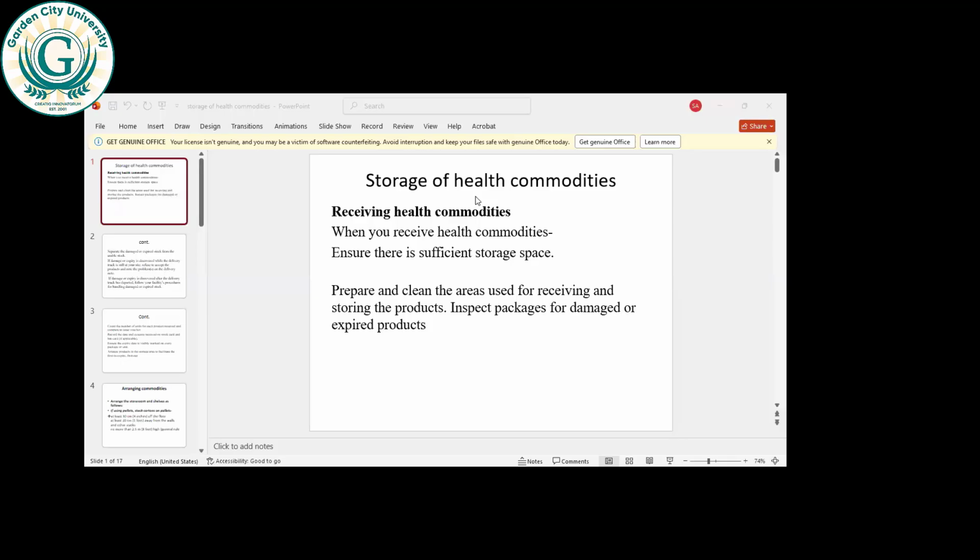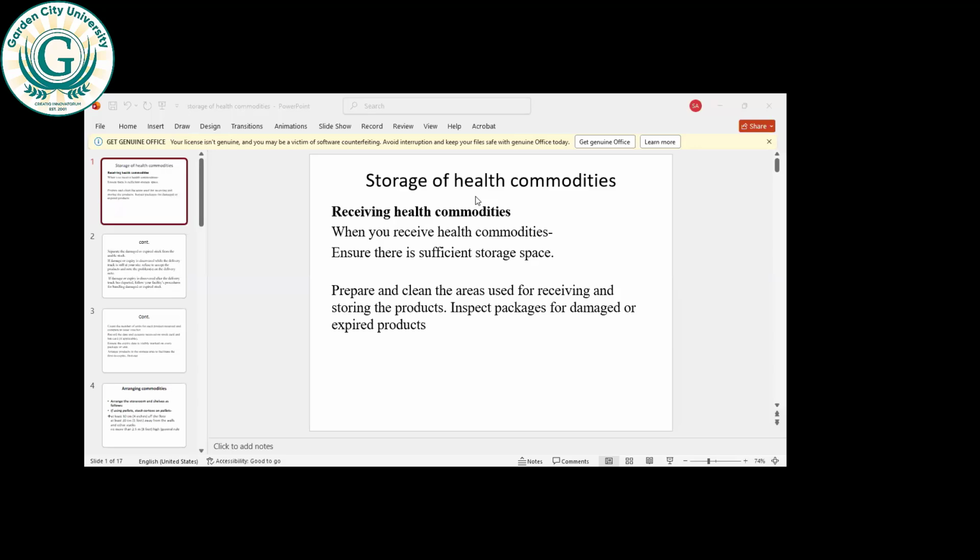So let's start with receiving health commodities. When you receive health commodity, you first must ensure that you have sufficient space to store the items. There must be enough space to store the items, and then you make sure that the environment is clean. You prepare and clean the areas used for receiving and storing the product.